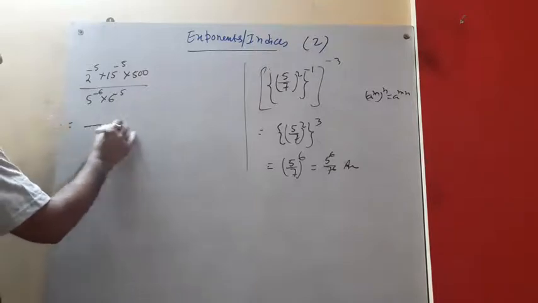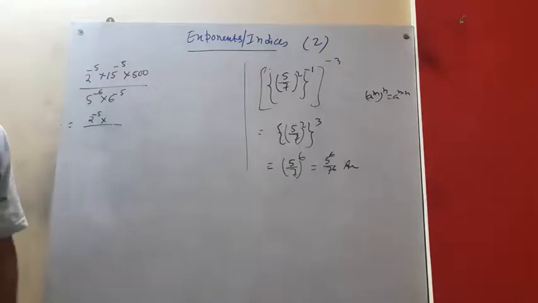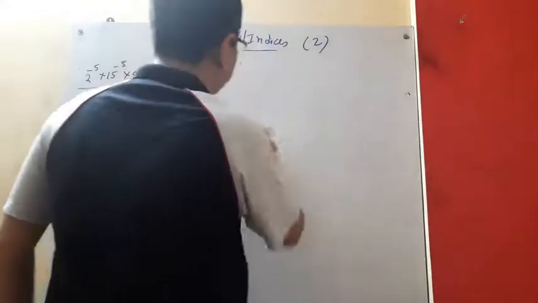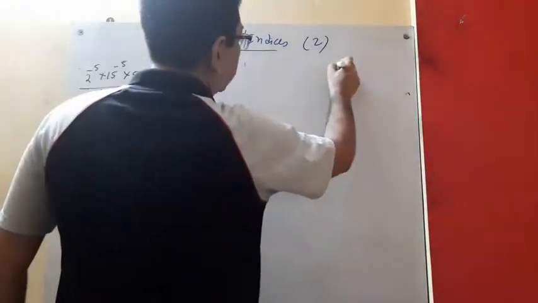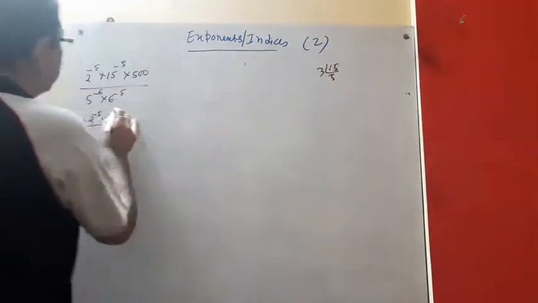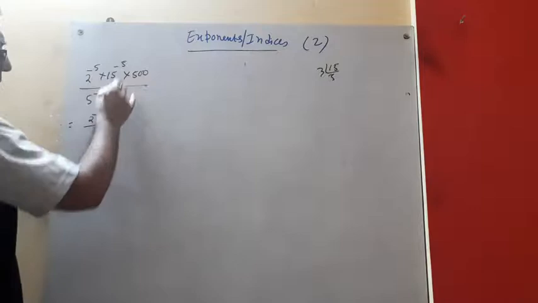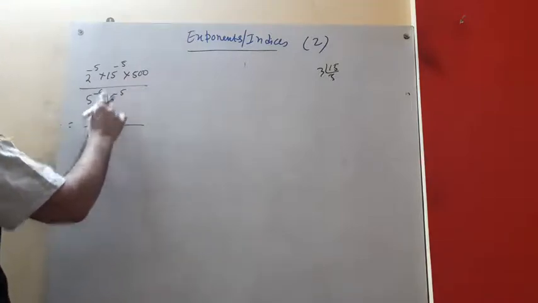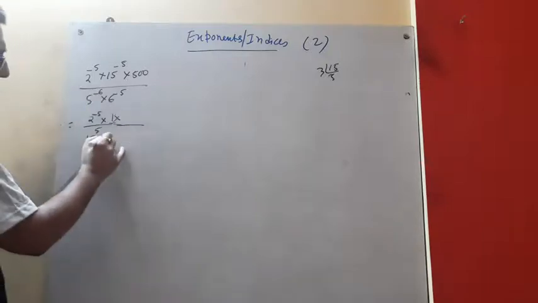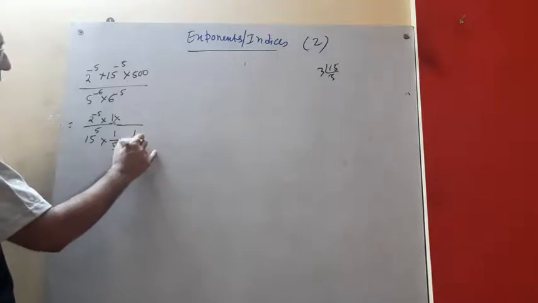Look, it is given 2 to the power minus 5. This is a prime number. You cannot split it more. But 15 is not a prime number. You can split up 15. So 15 means 3 fives are 15. One thing you can do, this can be written as 1 by 15 to the power 5, right? And this is 5 to the power minus 6, that is 1 by 5 to the power 6, and 1 by 6 to the power 5.